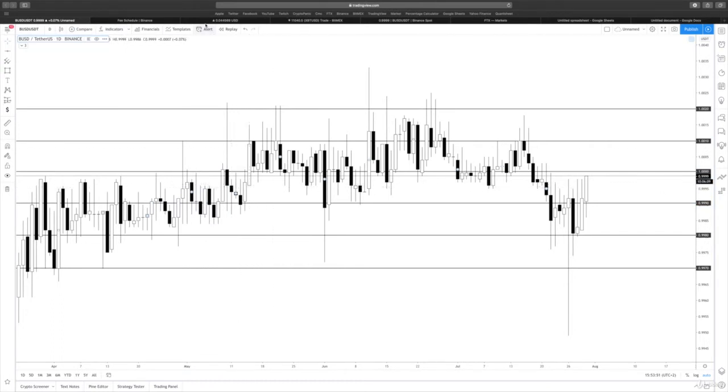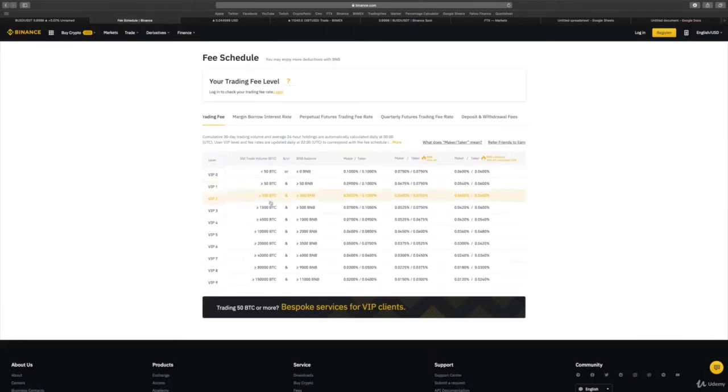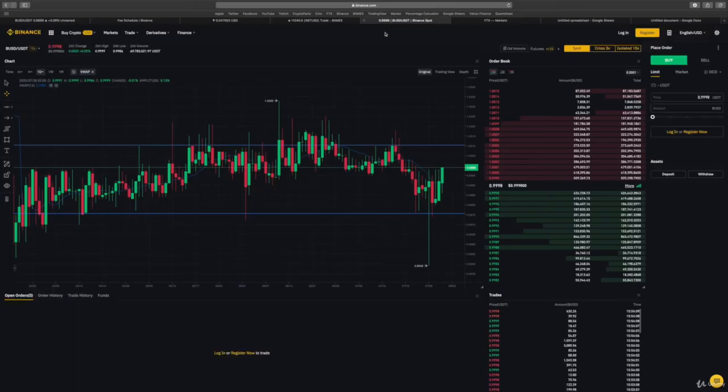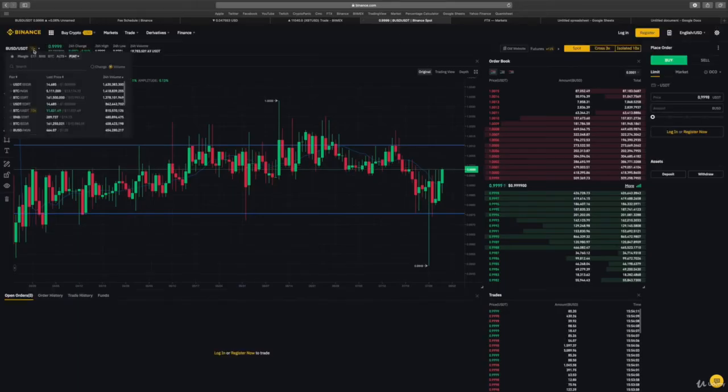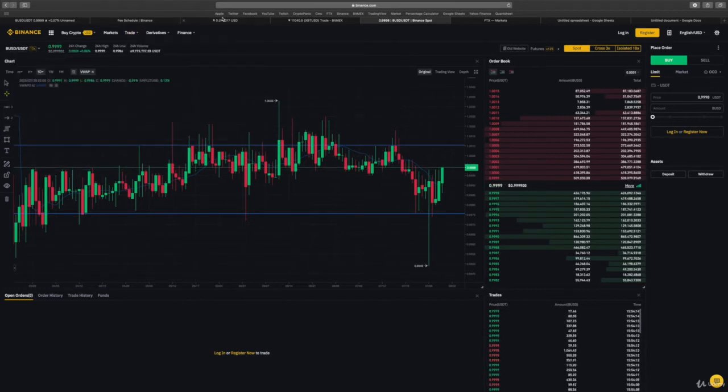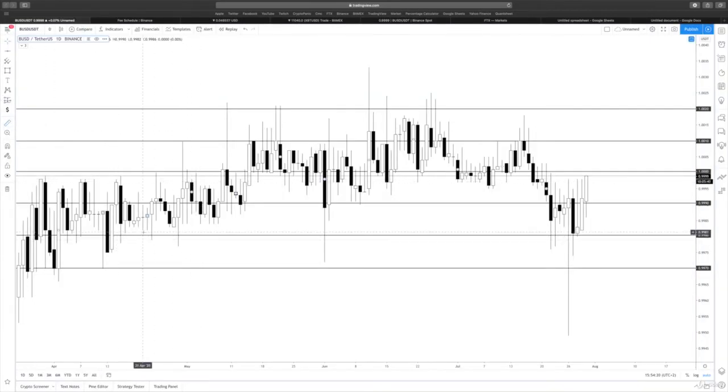But the thing is this, as I showed you, the V schedule, you can very easily move around here, because don't forget, this is 10x leverage, and let's say you open trade here, here, here, and so on.